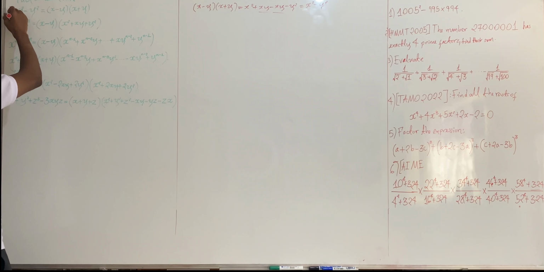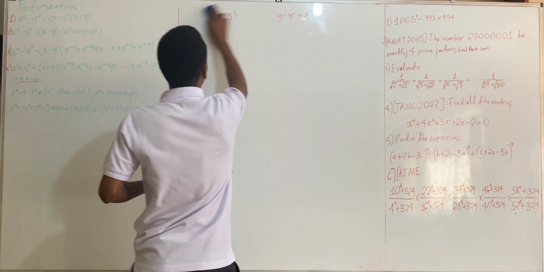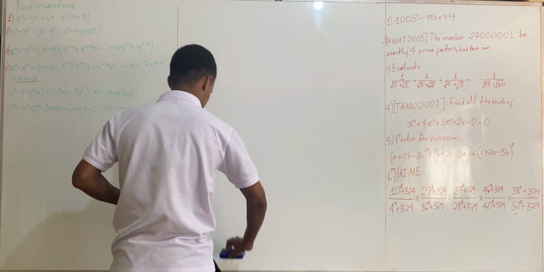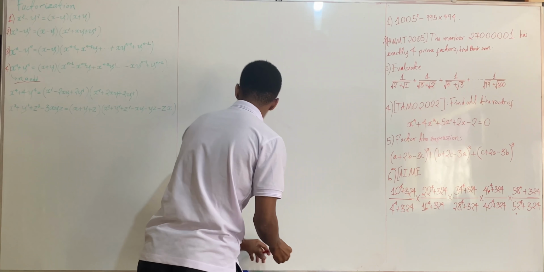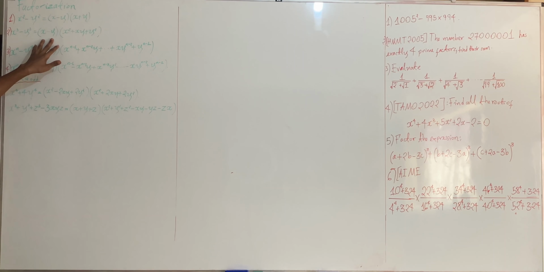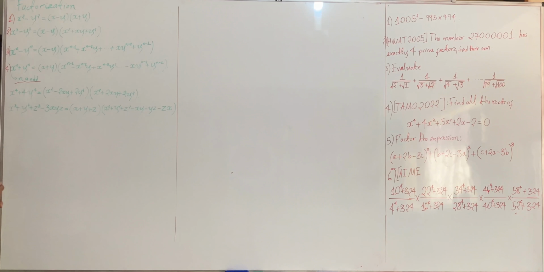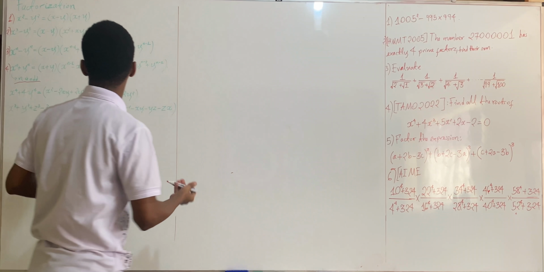The first one. For the second identity, we have x cubed minus y cubed equals x minus y times x squared plus xy plus y squared. Okay, so how do we prove this?